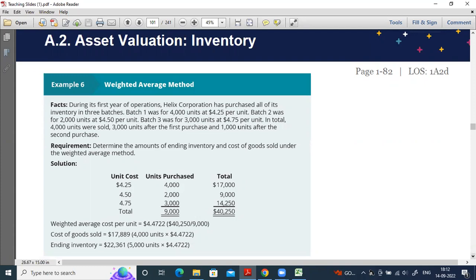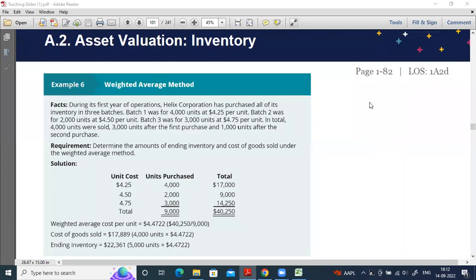Here, during its first year of operation, Helix Corporation has purchased all of its inventory in 3 batches. Batch 1 is 4000 units at 4.25, batch 2 is 2000 units at 4.50, and batch 3 was 3000 units at 4.75 per unit.